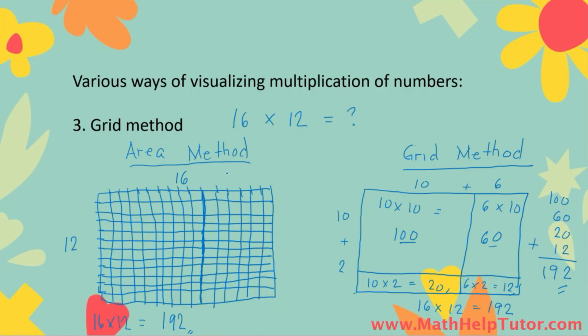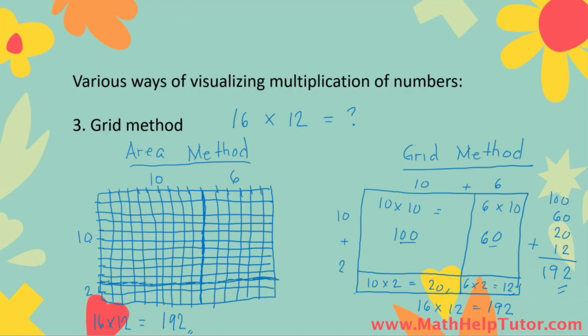So this region has 6 squares in length, and it also has 10 squares in length for this side of that rectangle. And then let's draw another region here representing the 2, which is the height of this region over here. And then this part of this rectangle would have a height of 10.